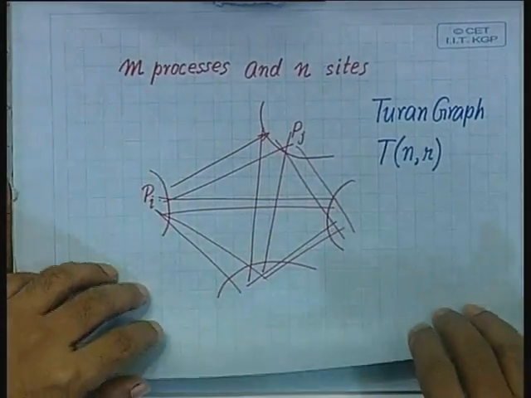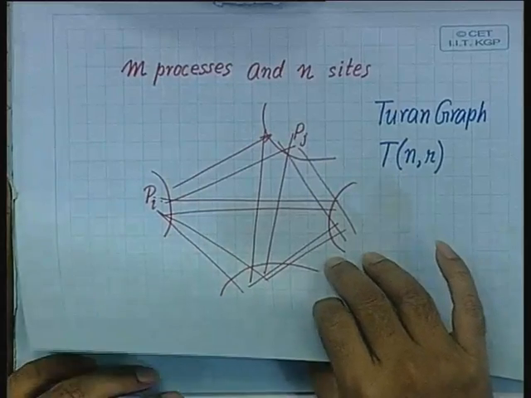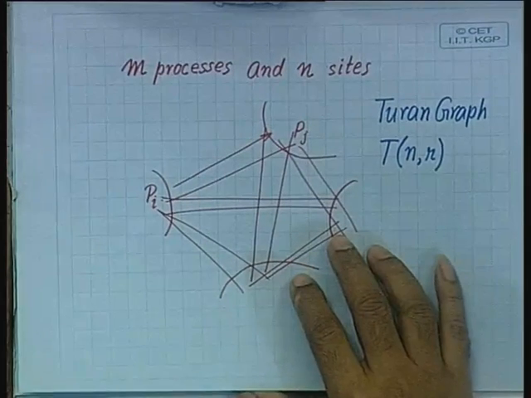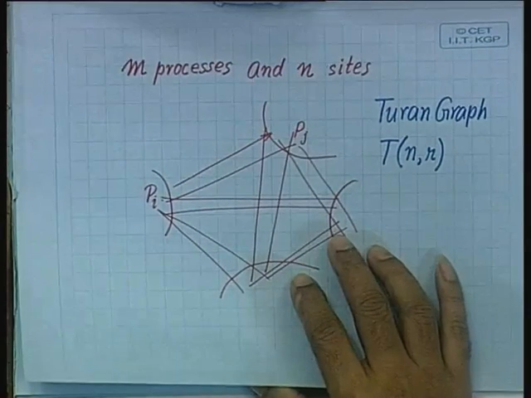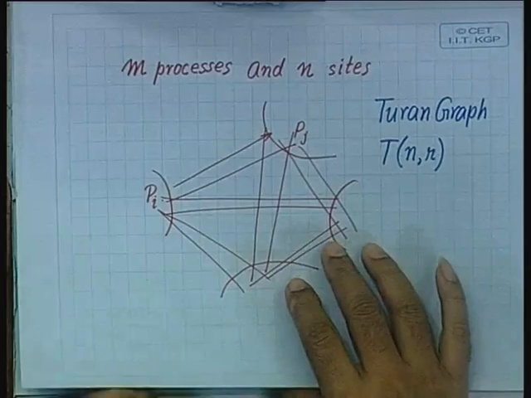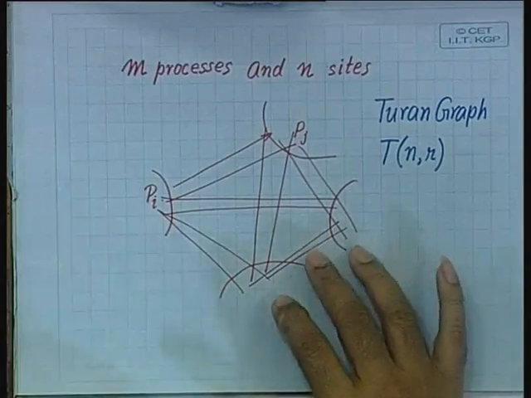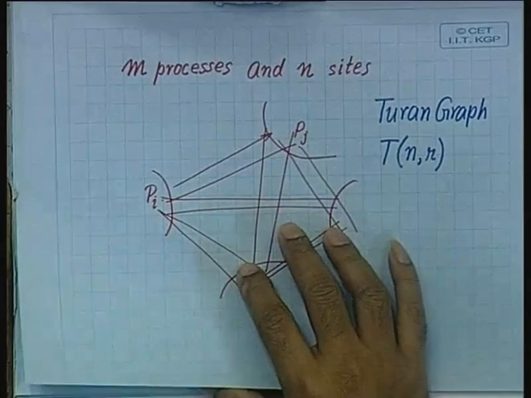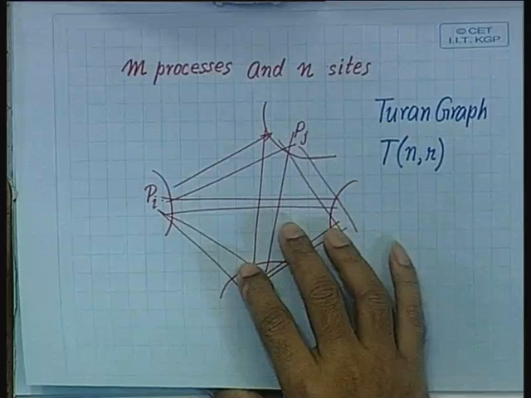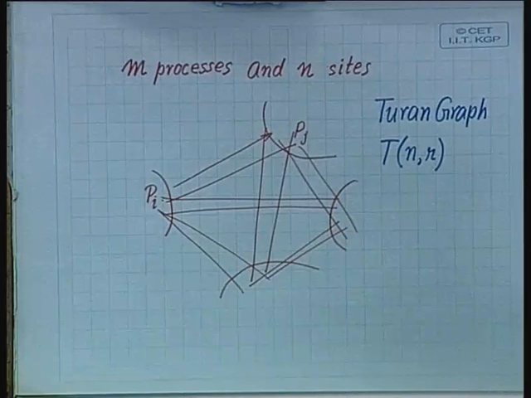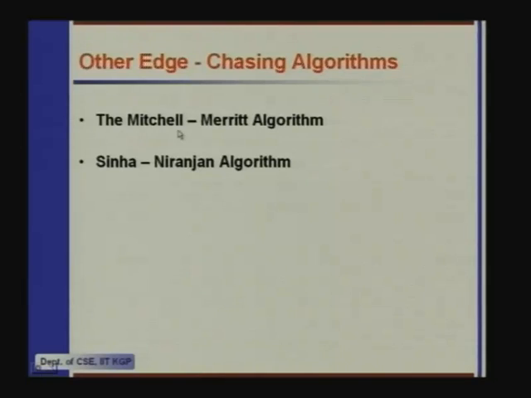Right. There are some extensions of this edge chasing algorithm, and one of those extensions, okay, there are a couple of them I have noted down here. The Michel-Merit algorithm is one of them, and then there is a Singhal-Natarajan algorithm. Actually this is a typo, it is Natarajan actually, not Niranjan.